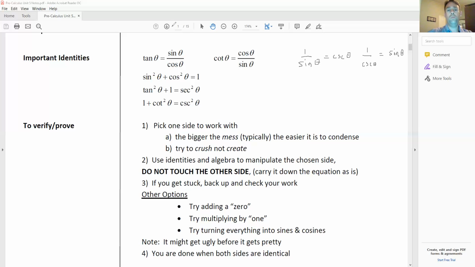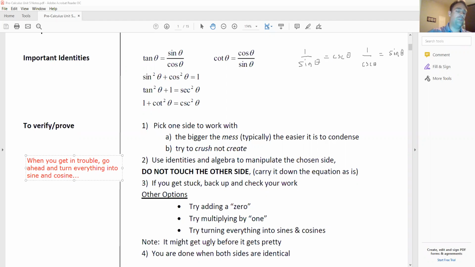Now, one other little bit that also is going to come into play here, and you'll see this as we go through the next little bit, whenever you get in trouble, and you can add this to your notes, go ahead and turn everything into sine and cosine.